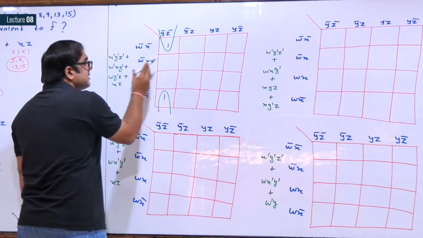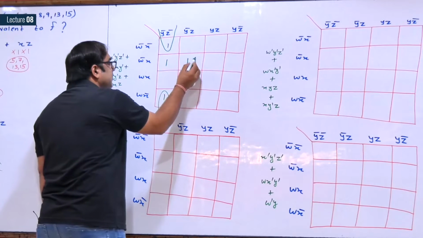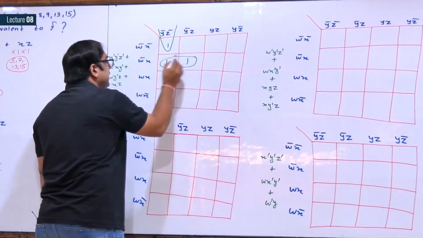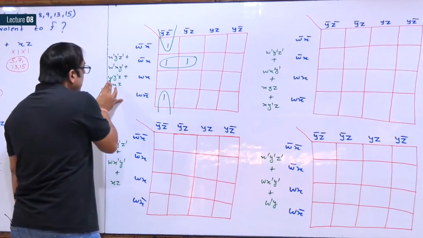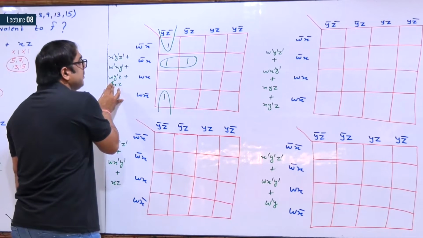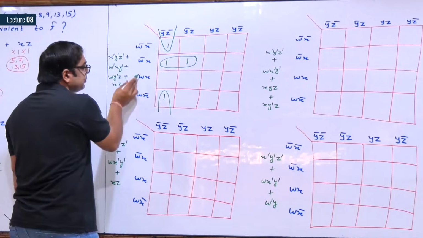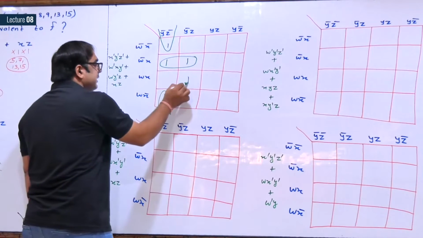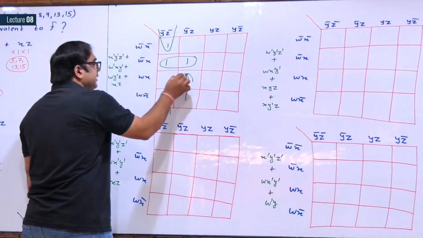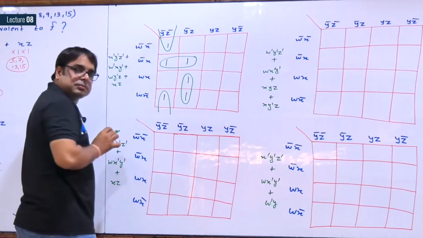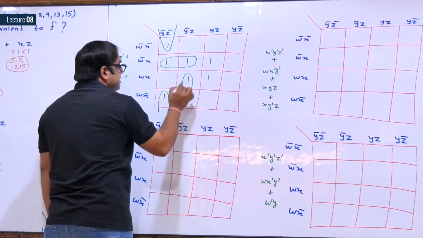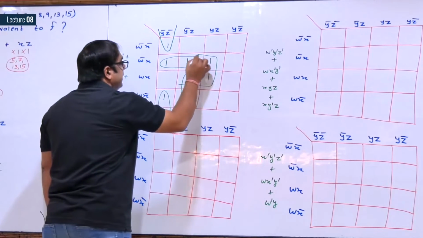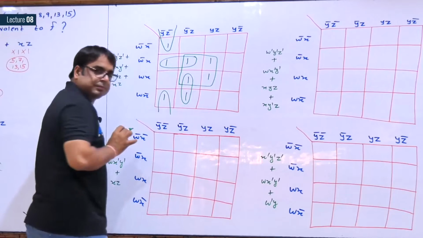These two minterms. So this will give me W complement X, Y complement. W, Y complement Z. This group. XZ means this center quad.